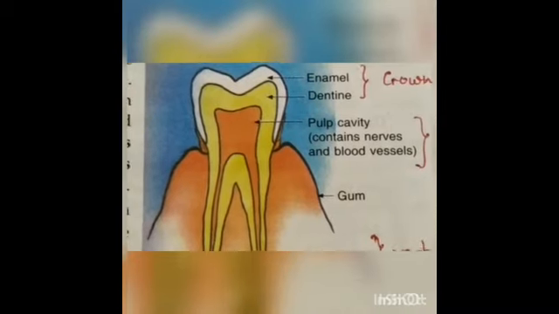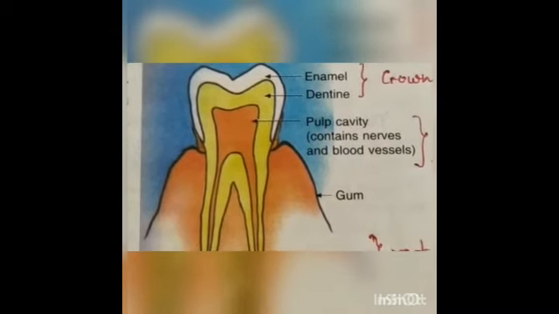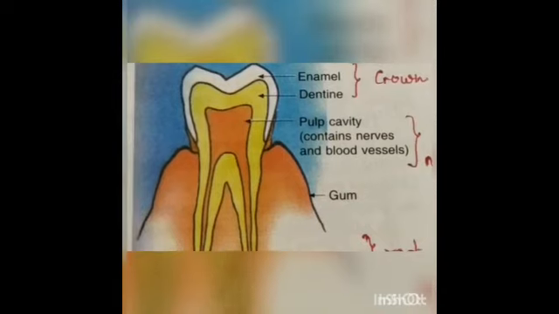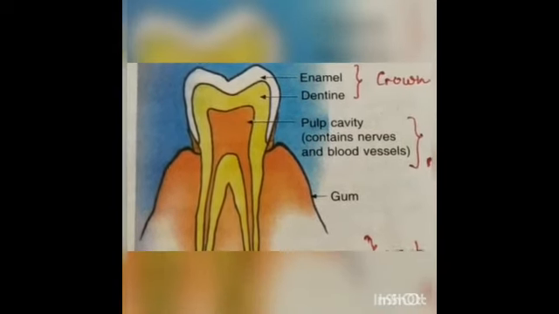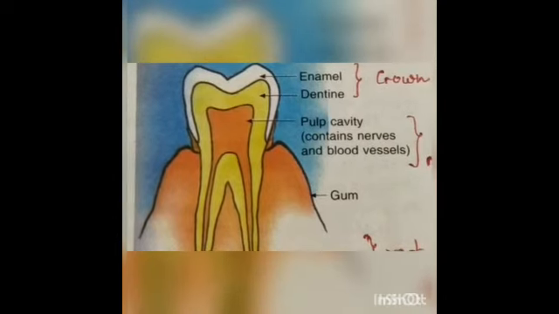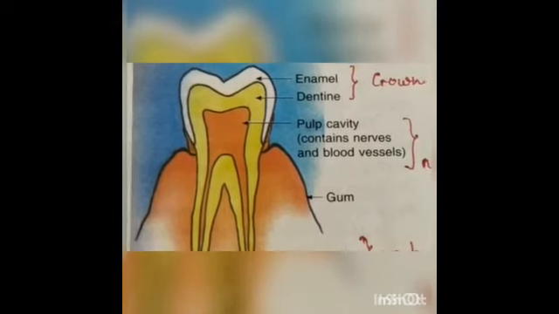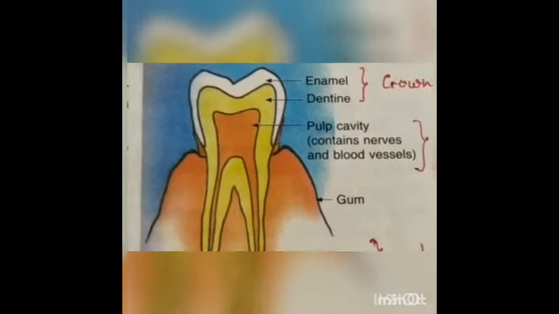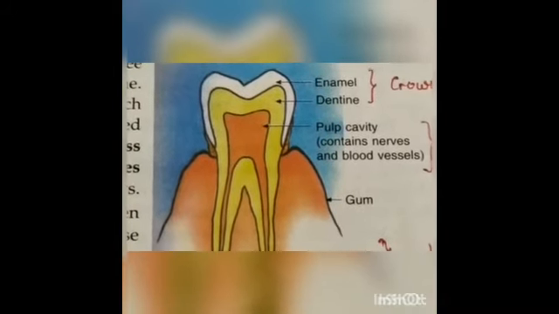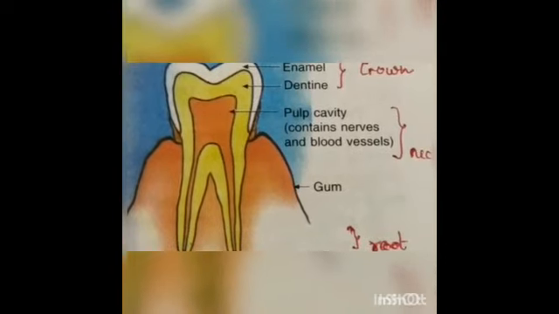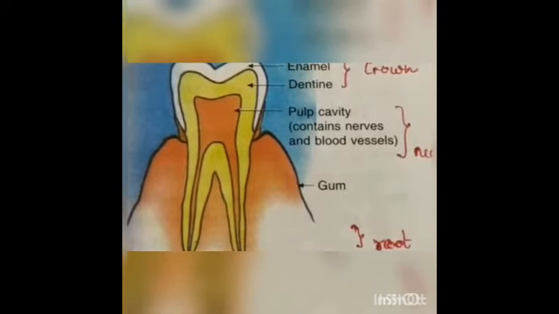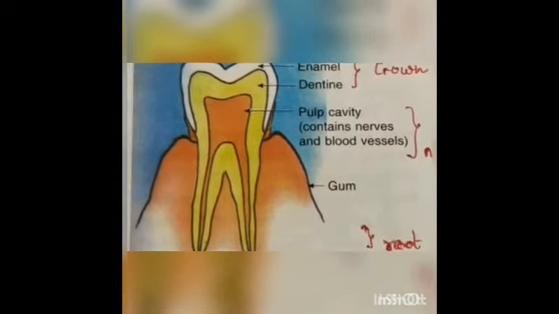This acid thus formed eats up the enamel and dentine of the tooth gradually, and ultimately it makes a hole, or a cavity, in the tooth. When the cavity reaches the pulp cavity of the tooth which contains nerves, our tooth becomes painful and we get toothache.